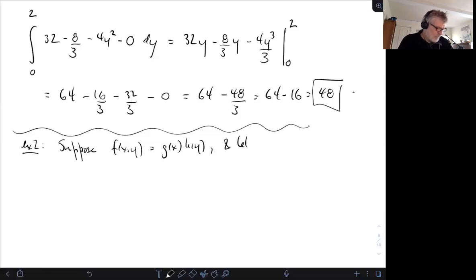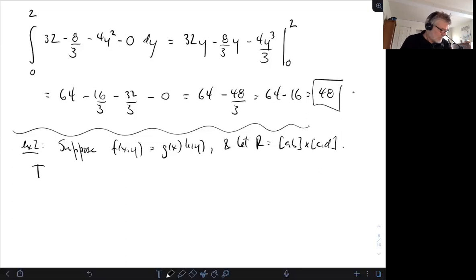Then, I need a rectangle. Let's say my rectangle is [a,b] times [c,d]. So if your function happens to be the product of a function in x and a function in y, then the double integral of this function over a rectangle splits as a product.